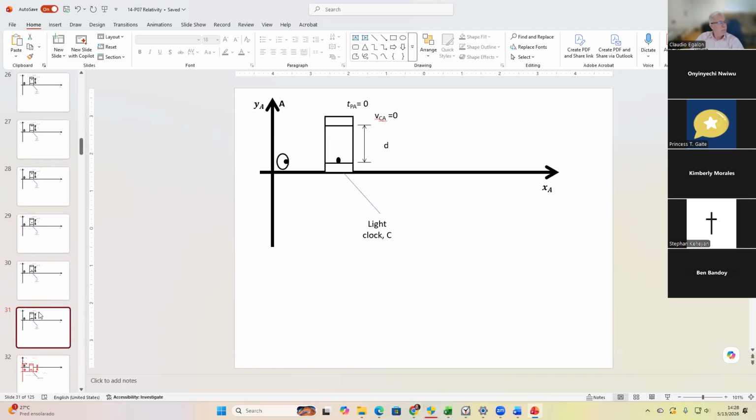Okay? Do you have the picture now in your mind? Here's the observer. The observer is represented by a big eye observing the clock and taking notes.